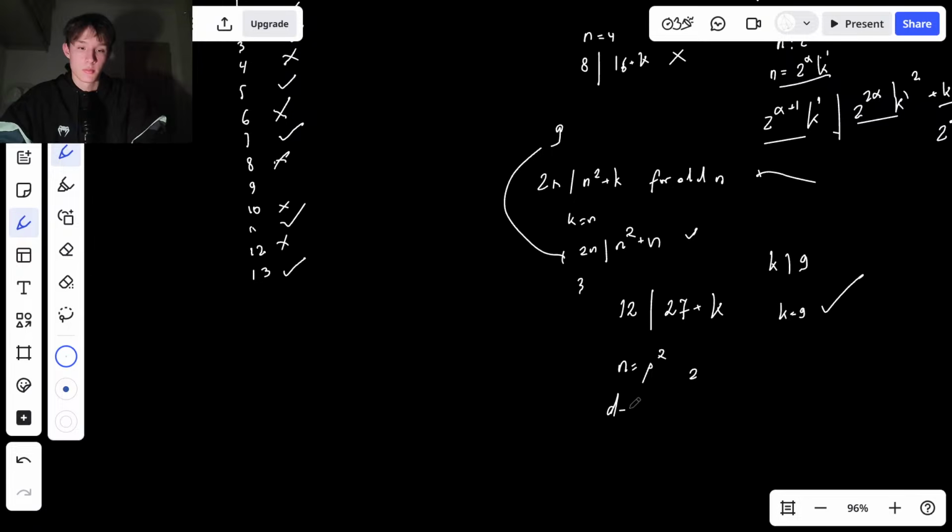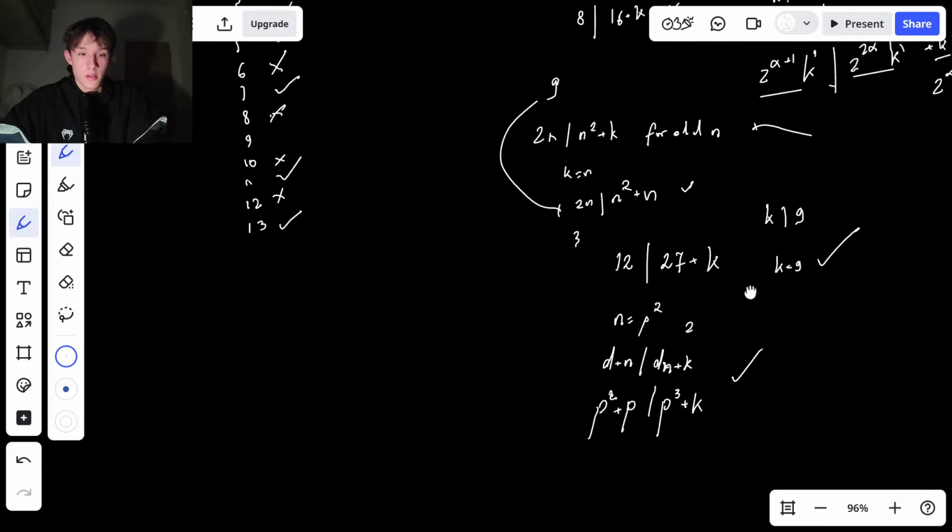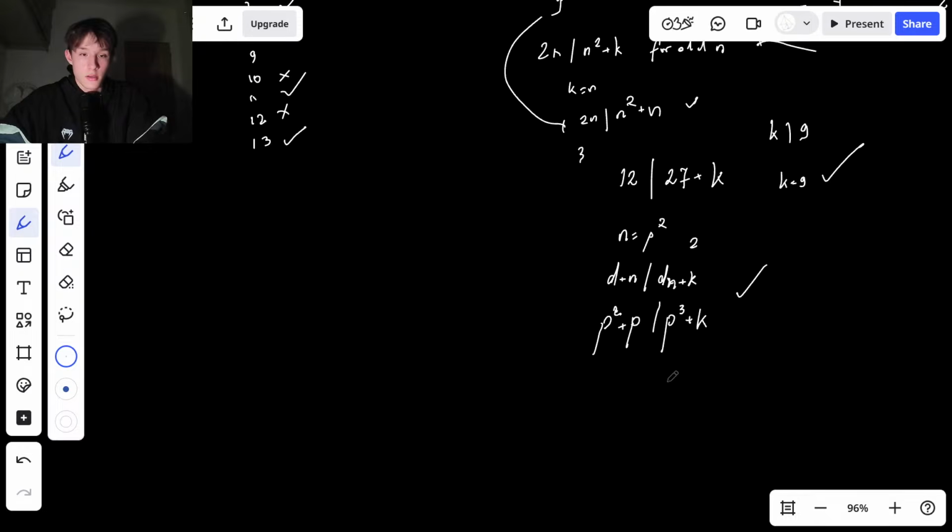Let's just rewrite: d plus n divides dn plus k. If I look at p squared, p squared plus p minus p squared d is p, should divide p cubed plus k. And as we see, k equals p squared works perfectly. So that's great.